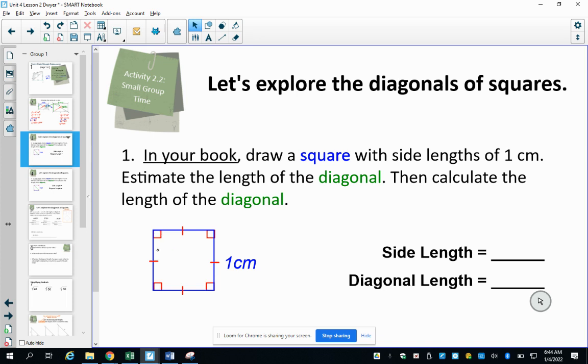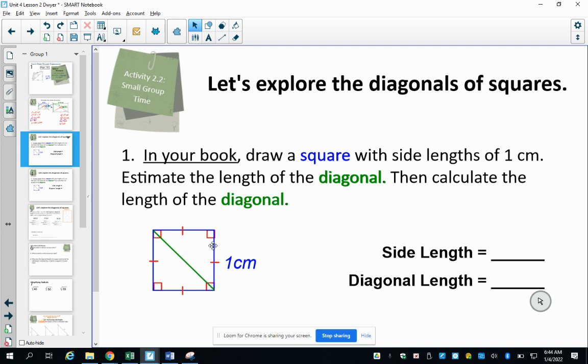Your square doesn't have to be exact, because you're just going to be calculating, not measuring anything. So you can just draw a square, and then label each side with a 1. And then we're going to estimate the length of the diagonal. So just take a guess at how long you think this diagonal is.